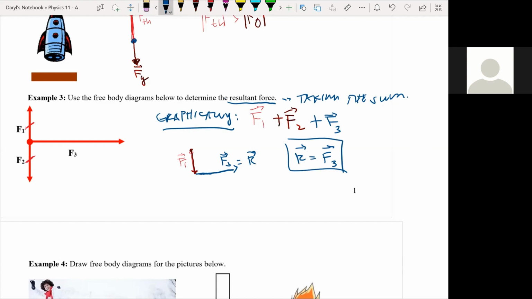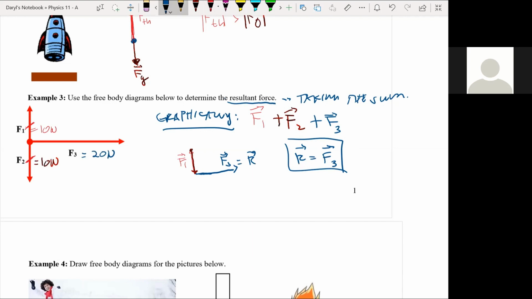If for example we give some values, like say F1 is 10 newtons, and since they have equal magnitude, this is also 10 newtons. And let's say this is 20 newtons here.